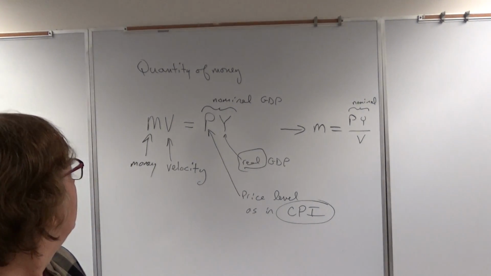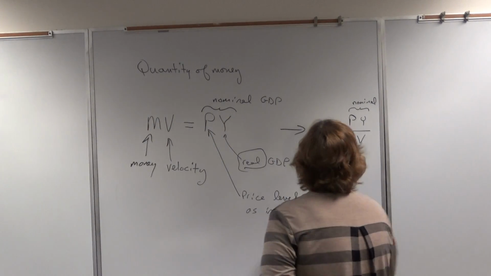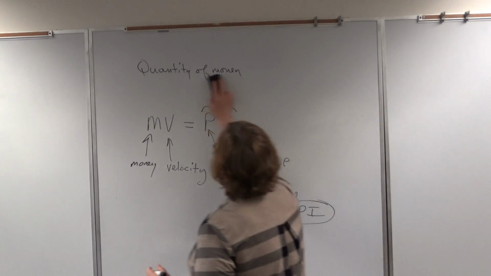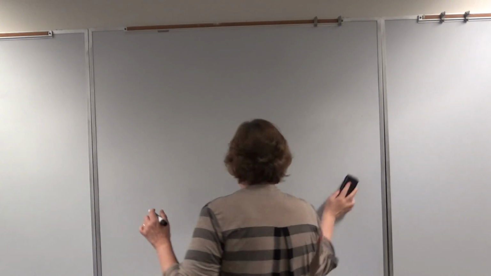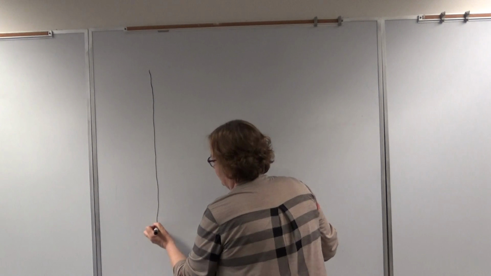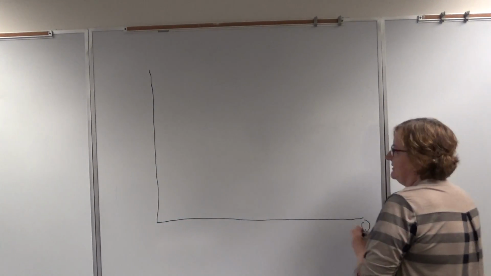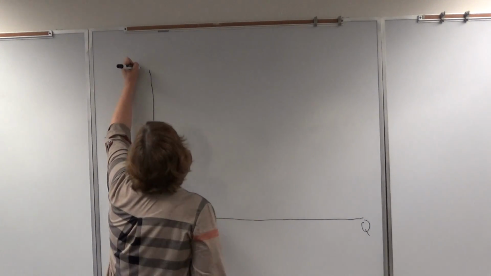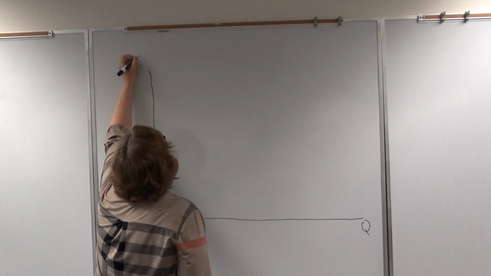The thing about money, though, is that it doesn't seem to have much impact. It takes a lot of it, and it doesn't seem to have much impact during something called a liquidity trap. So let me introduce you to something called aggregate supply and aggregate demand.